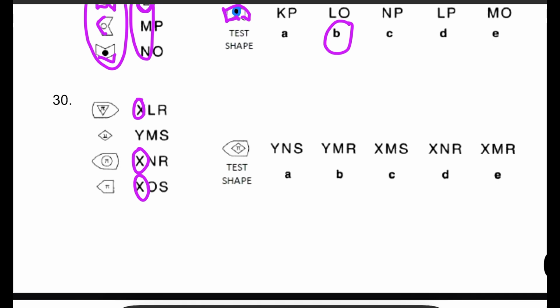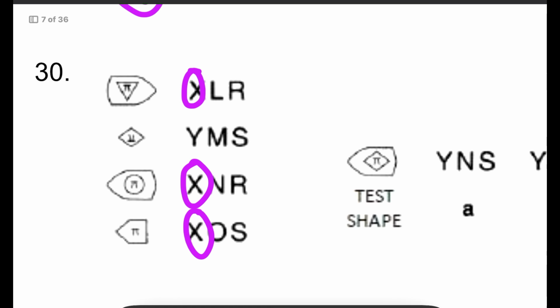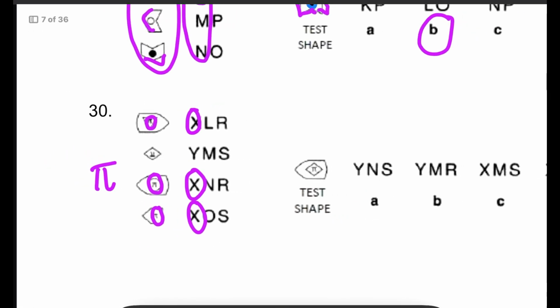And as you can see, if you zoom in closely, they both have this pi symbol on the inside, and it's the right way up like that. Whereas in this one, it's upside down, it's like that. That's why that has a Y as the first letter. In the test shape, it's the right way up, so the first letter will be an X.